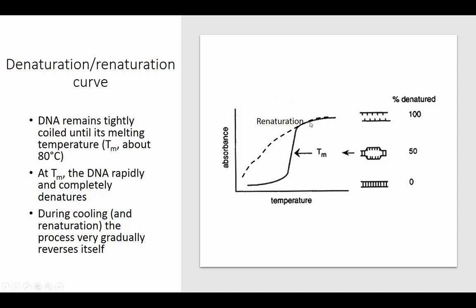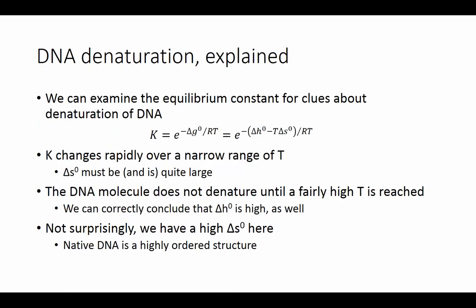It slowly gets there until these two curves meet, essentially. So we're seeing two different phenomena here. It's reversible in a way, but the denaturation process definitely does not mirror the renaturation process.